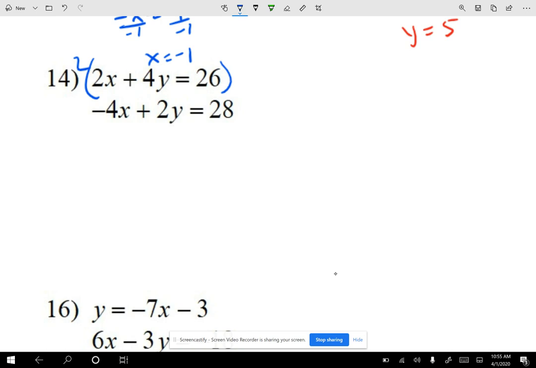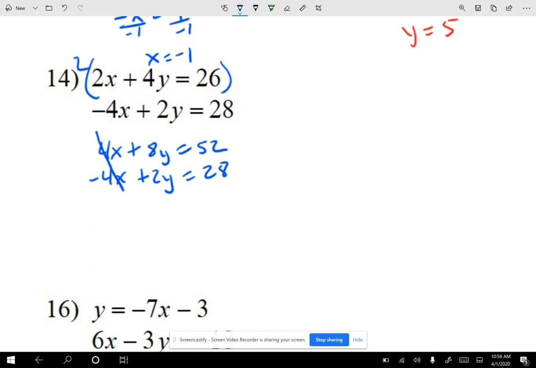So I'm going to have 4x plus 8y is equal to 52. I multiplied everything by 2. The second equation, let me leave it alone: negative 4x plus 2y equals 28. I notice the x is 4 minus 4 is 0, so the x's cancel out.